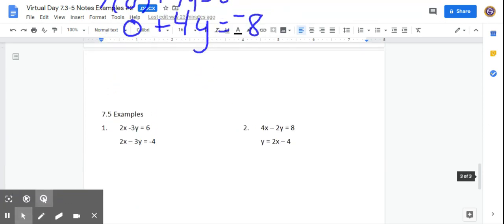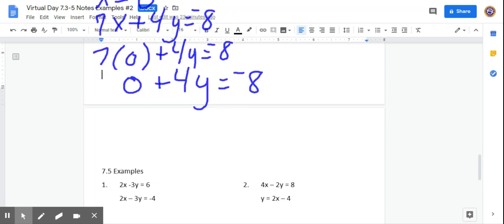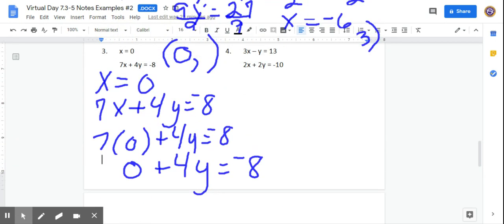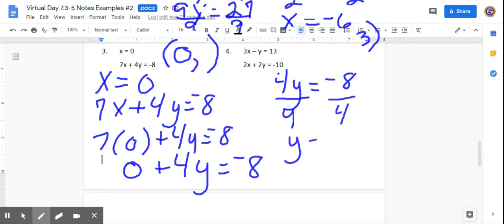Let's go back over here and finish up. So 4y equals -8. Divide by 4, and y equals -2. So our ordered pair is 0, -2.